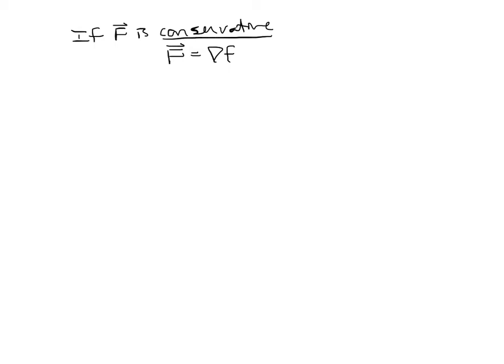So if F is conservative, this means that the curl is going to be 0. So this means that the curl of that vector field is equal to the 0 vector. All right, so if it's conservative, then the curl is 0.